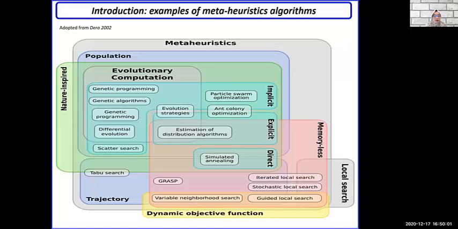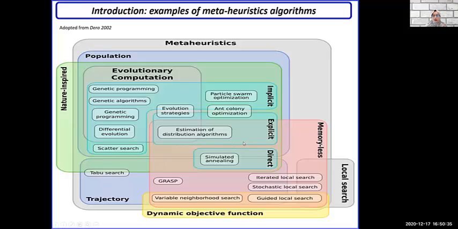This is the example of the meta-heuristic algorithm classification. So this is the family of meta-heuristic. And inside meta-heuristic, some people classify as population-based approaches and non-population-based approaches, or they call it trajectory approaches. Some classifications are based on nature-inspired approaches and non-nature-inspired approaches.